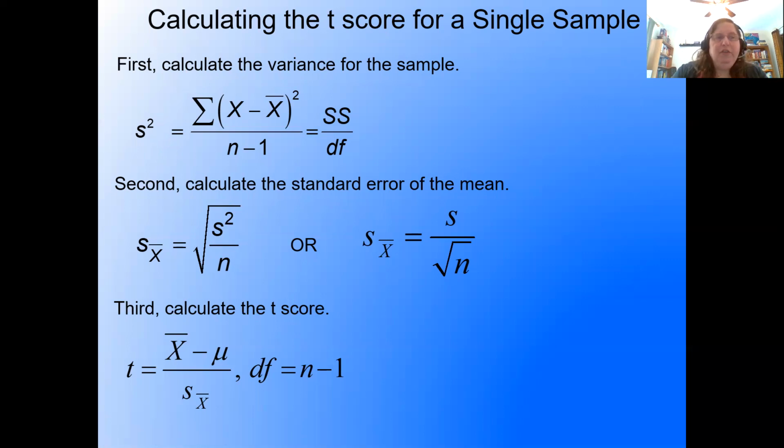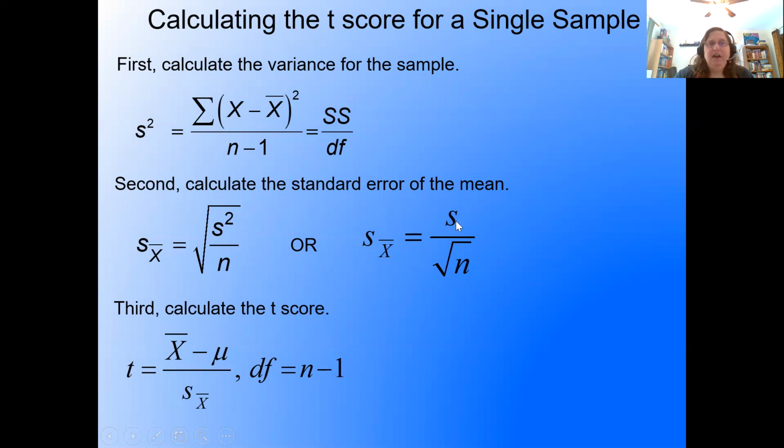Or if you like, you can think about this formula on the left for the standard error of the mean, S of x bar, to be the square root of S squared over the square root of n. That's another way to think about it. Now this is useful if you're given S squared. But if you're just given S, you can use this formula. Very, very similar, right?